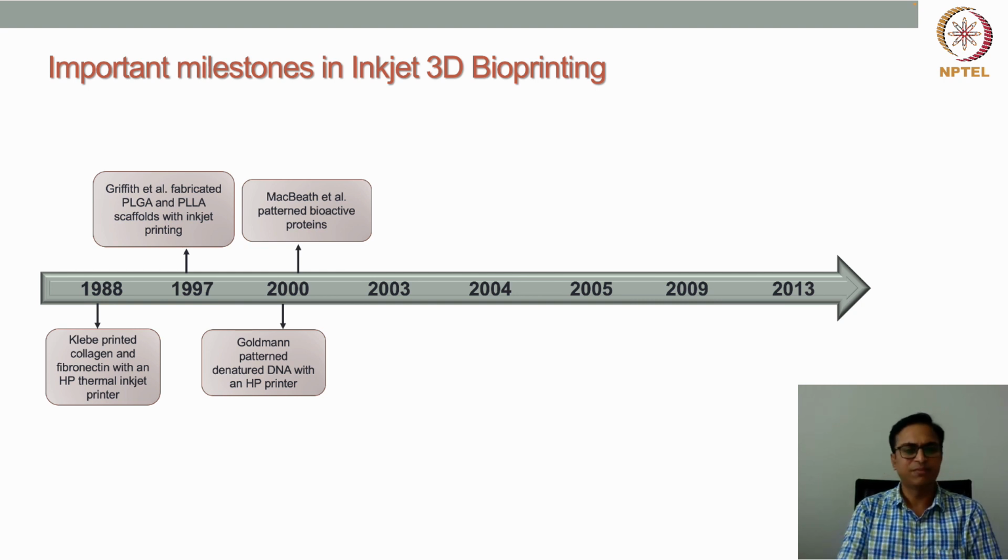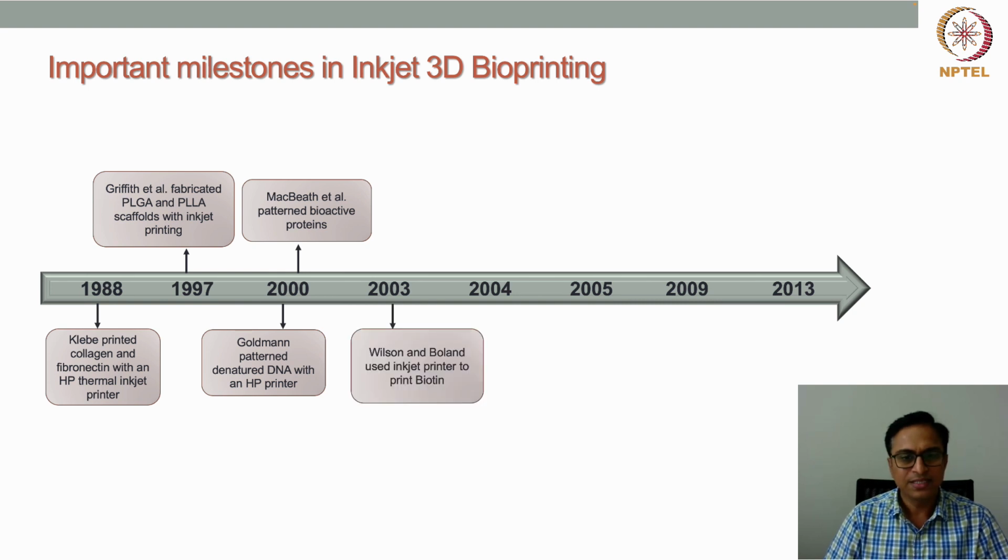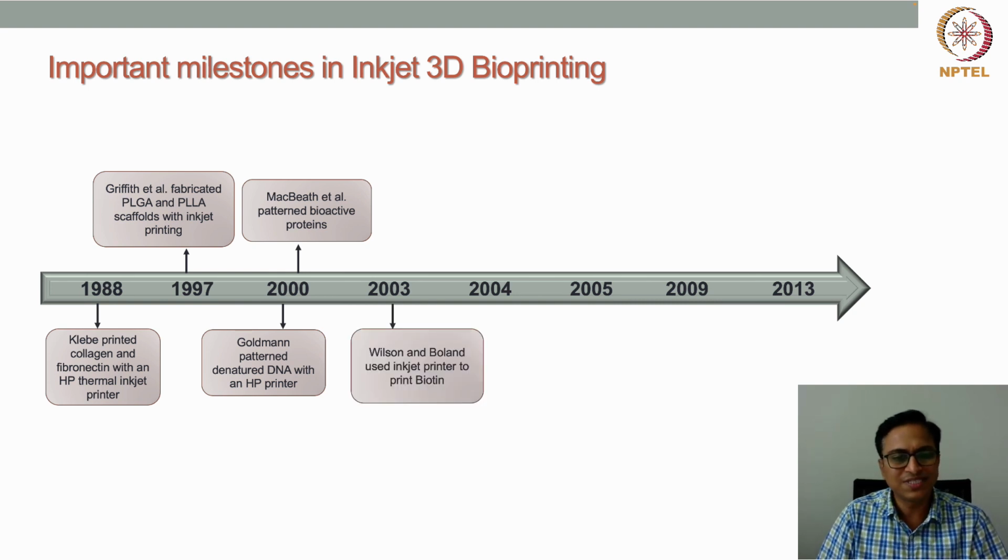So for DNA patterning, inkjet printing technology was also used in 2000. Then in 2003, Wilson and Boland also used an inkjet printer to print a biomolecule called biotin.